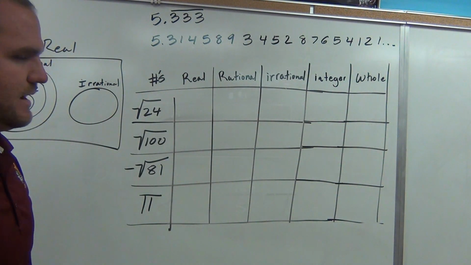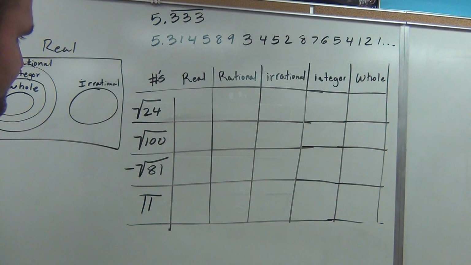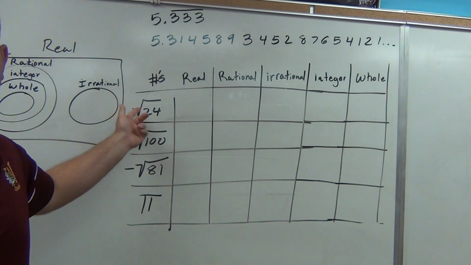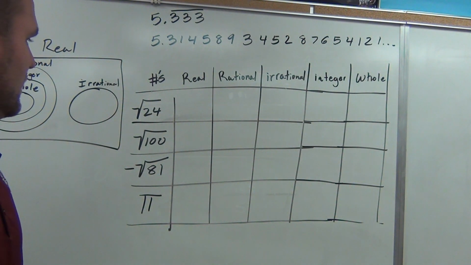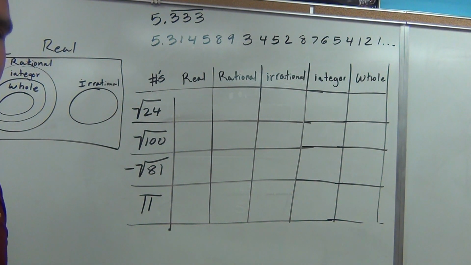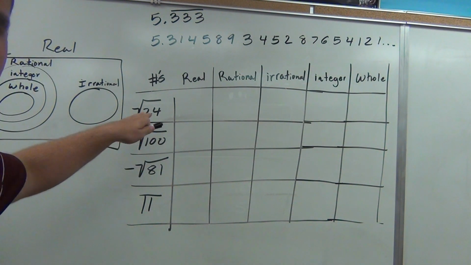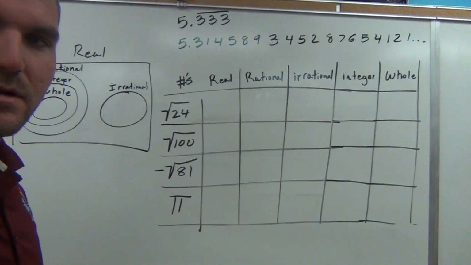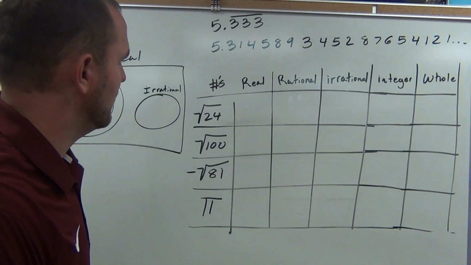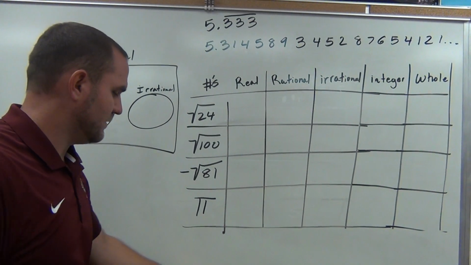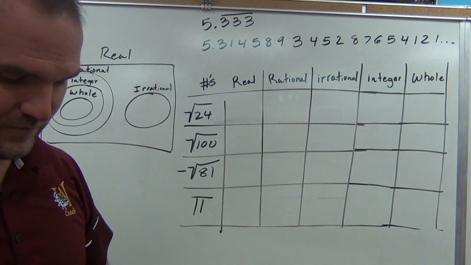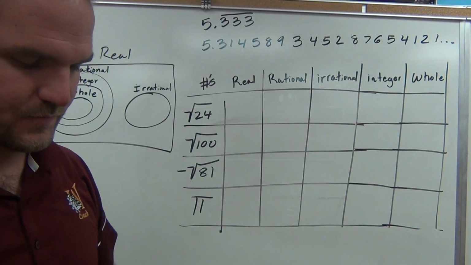So let's go ahead and categorize these numbers here that I have. You'll notice that each of these are under a square root symbol, okay? We gotta get used to the idea that there's more than just the easy numbers out there, but these are fairly simple, so we'll make that work, okay? All right, so the square root of 24, once again, please have a calculator. Once again, if you haven't got one, you need to get one, okay?